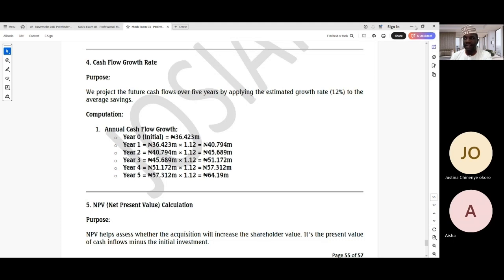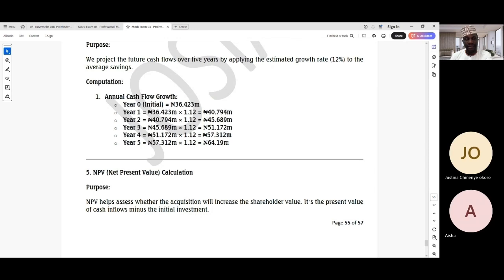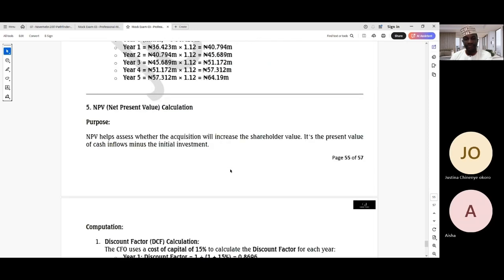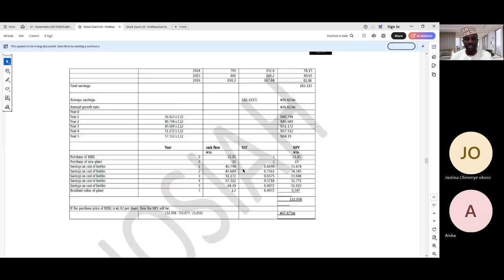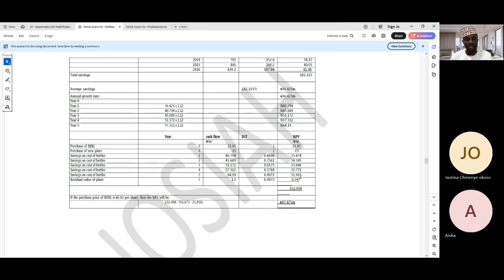So in doing that, let's look at the growth rate. We project this as 36.4 million times the annual growth rate of 12%. And we have that first, second, third year as its incremental, and they have the last year as 64.19 million, which you can see here as the amount that has grown over the 5-year period.